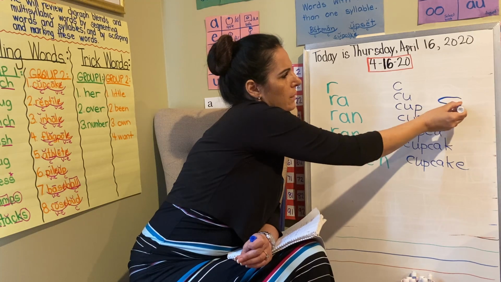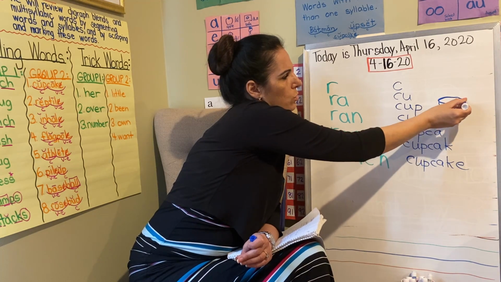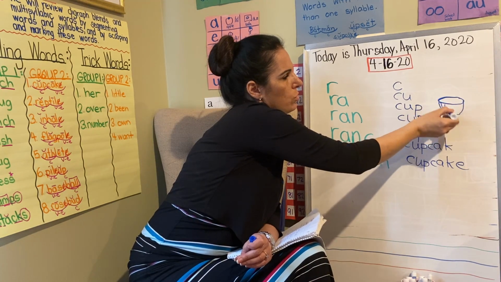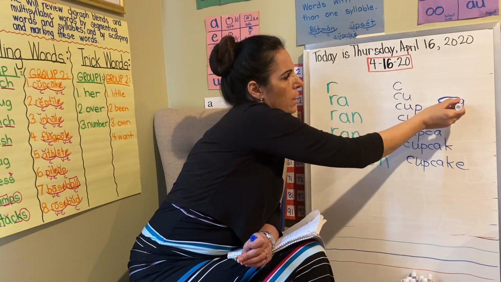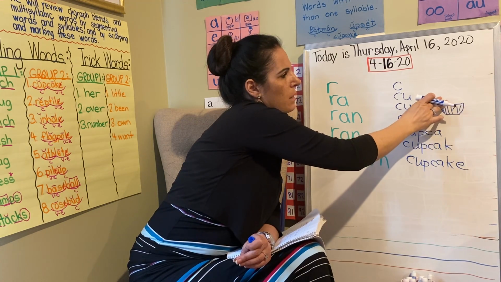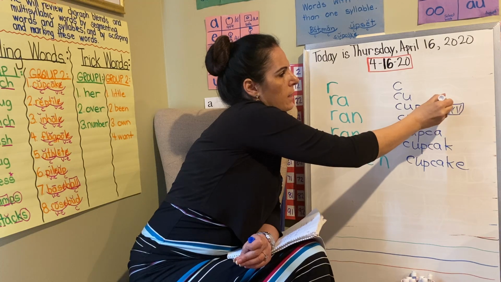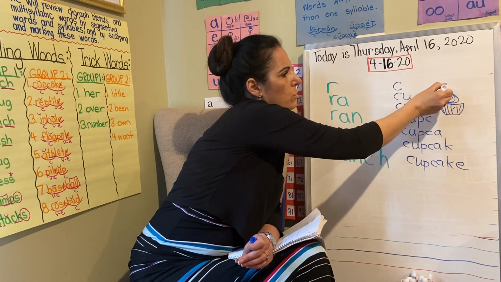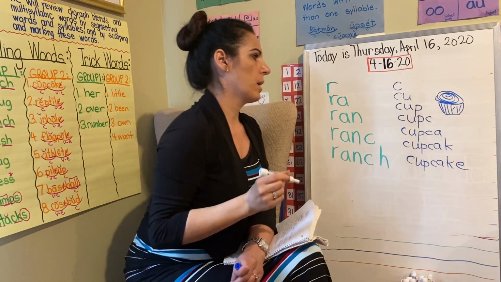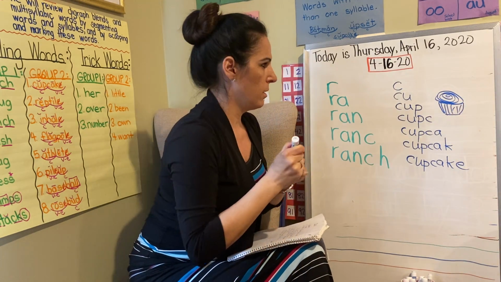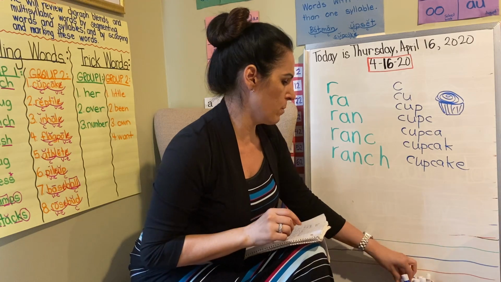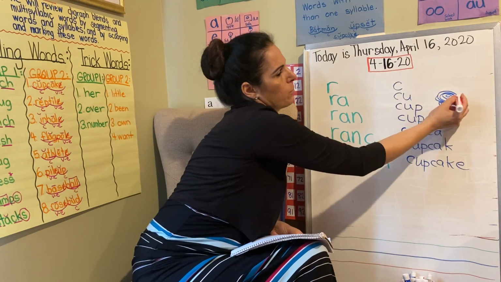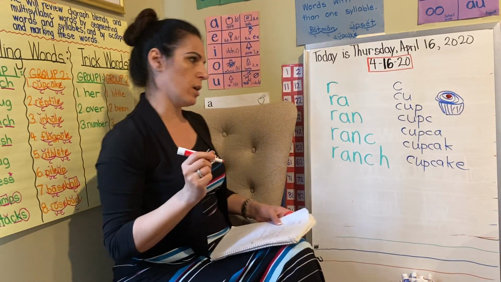That'd be kind of fun, wouldn't it? And maybe we can erase this and make a swirly top. Let's put a little cherry on top for our cupcake. And that just makes learning a little bit more fun when we can make it look pretty.